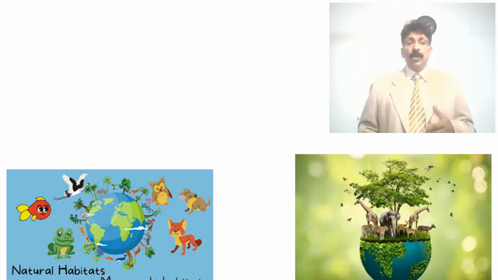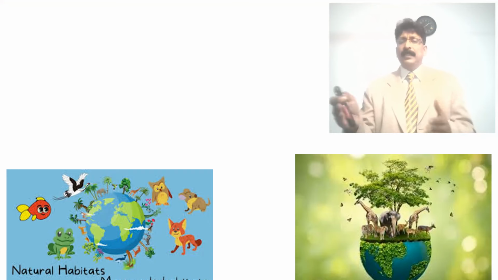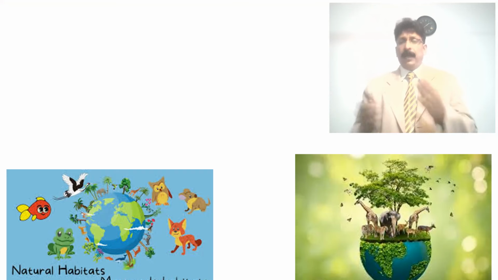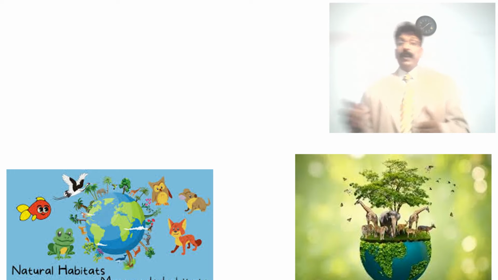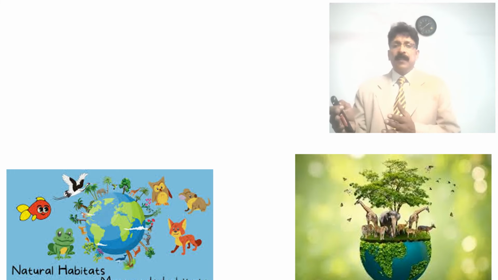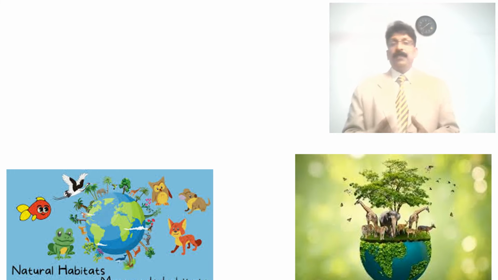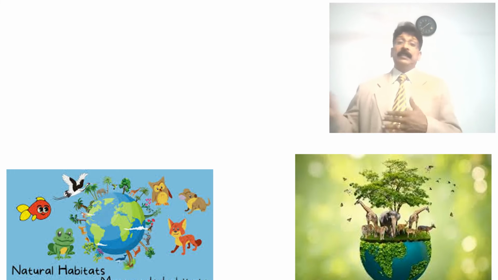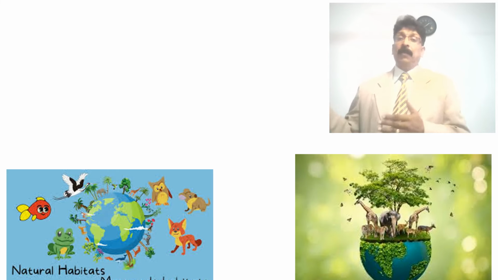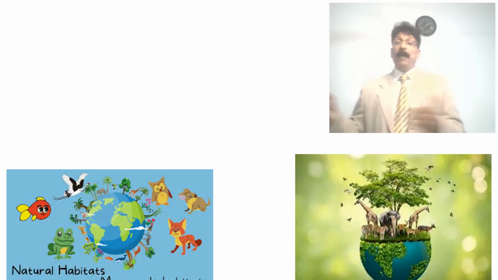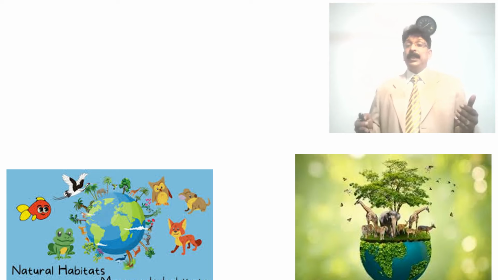So see here, the two pictures which I have shown. This one is an animated picture or a drawing which shows animals in their natural habitat, and here a picture of a man-made habitat. So there are two types of forest, which is wild, the natural habitat, and man-made habitat, which we made artificially.